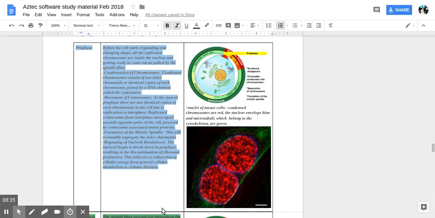In this picture, you're looking at a prophase stage cell. So the nucleolus disappears, chromatin condenses into chromosomes, the separation of the centrosomes, and formation of the mitotic spindle.